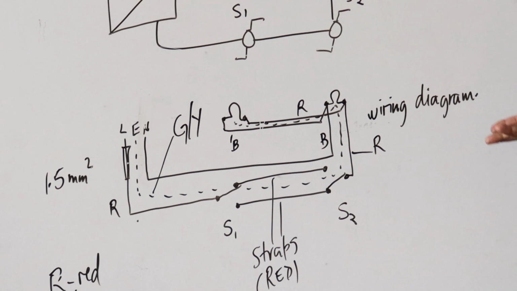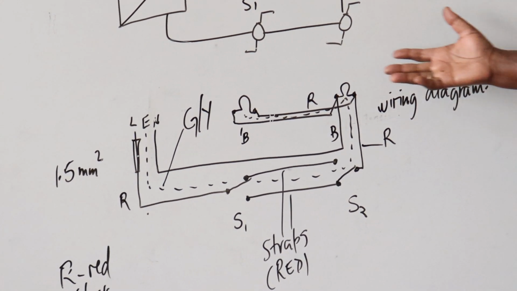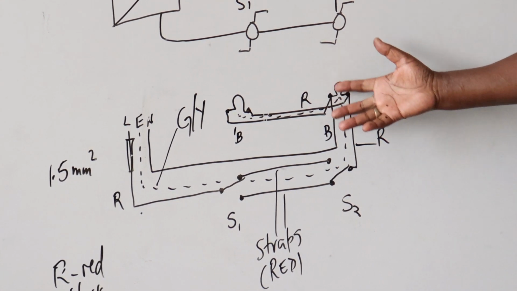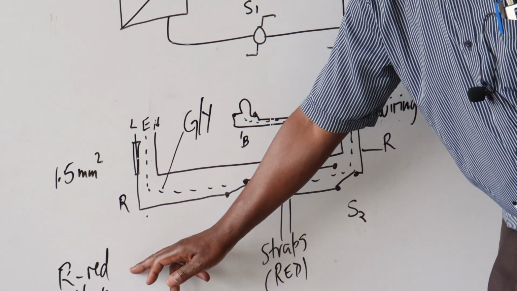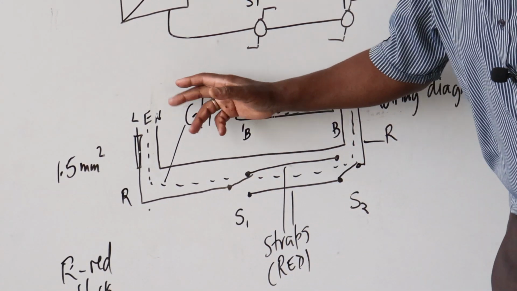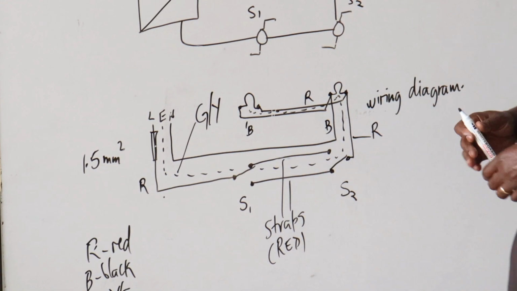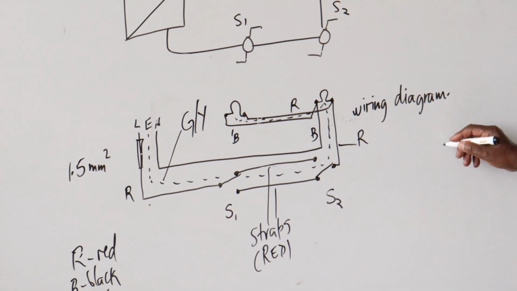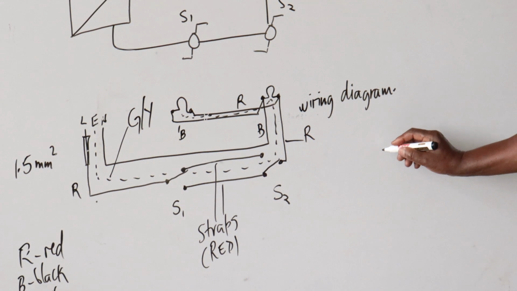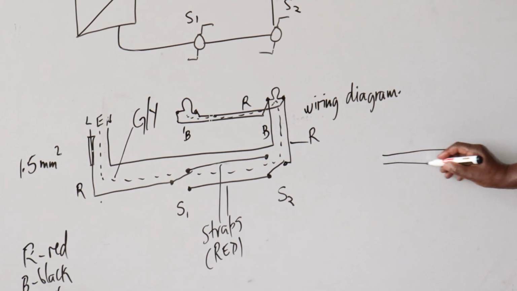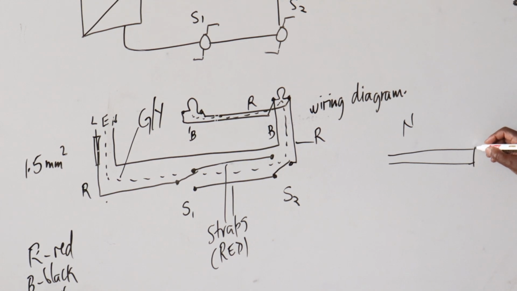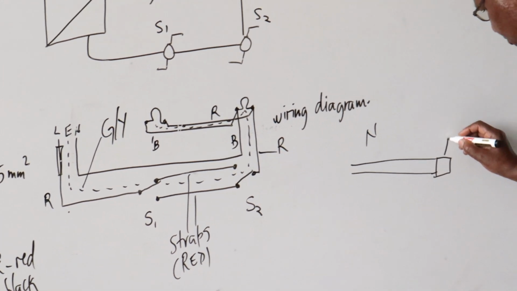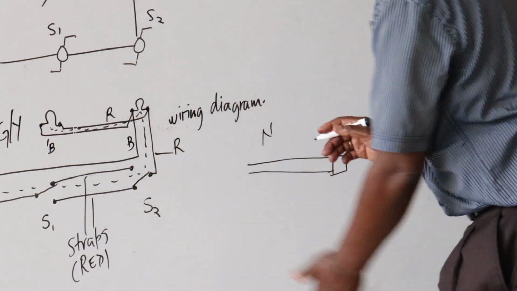Now a situation may arise whereby for this installation, maybe all the cables you are having are colored red. So in case you want to run the neutral in the red, you normally put a label, usually where you are terminating it. If you want to use it as a neutral and the cable is red, you put in a label here to indicate the color it should be.